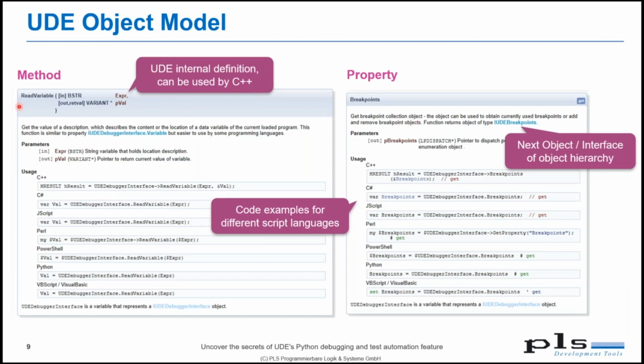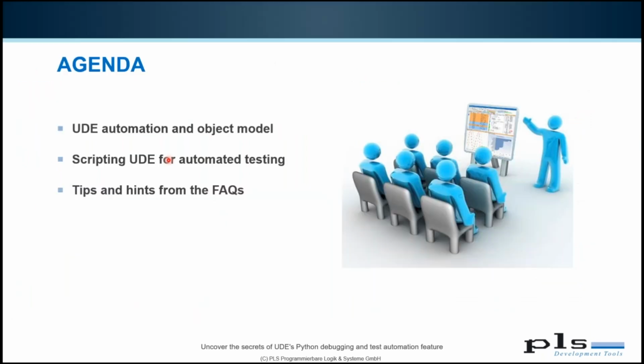You see it here on the top, for example, for functions or methods, or here for the properties. And you also get an explanation of the reason for using this function, what the parameters are, and finally, at the bottom, examples showing you how to use the specific function or property in your scripting language of choice. In our case, we want to look at the Python code.